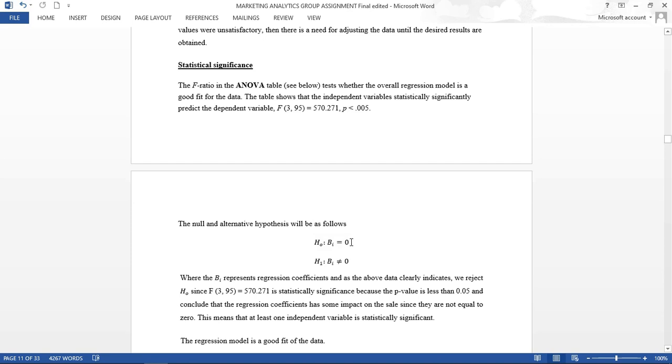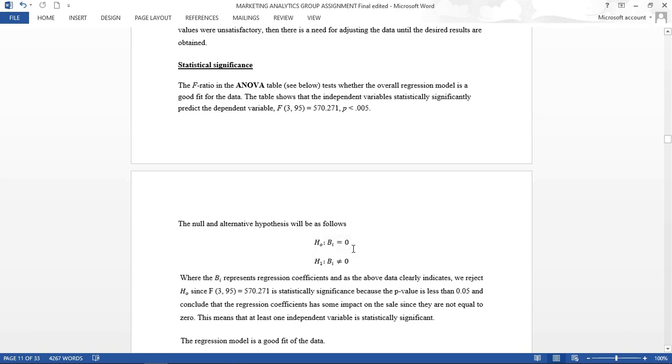This implies that the variables don't have any effect on sales. The alternative hypothesis says the regression coefficients are not equal to 0. They have a contribution to sales, the dependent variable.